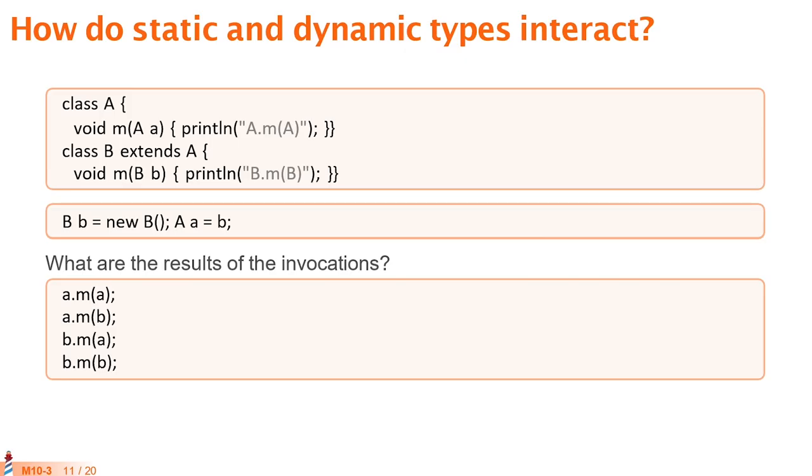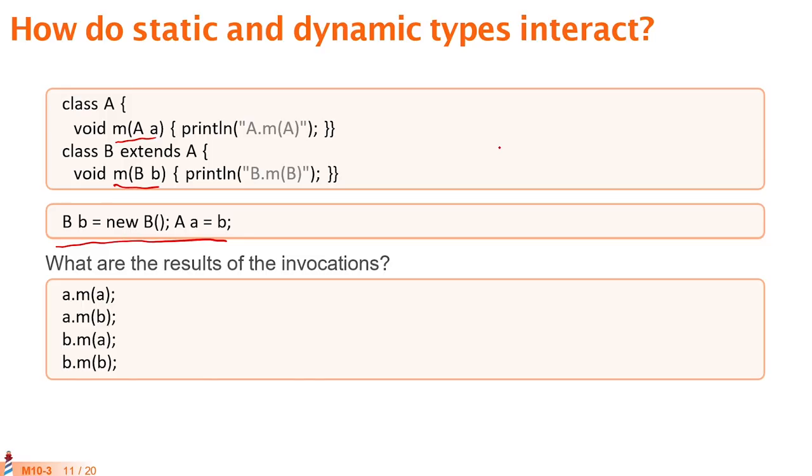Let's see this little piece of code where we have two classes, again class A and B, and we have two methods that are called M in the two cases, but one is receiving as argument an object of class A, and the other is receiving an object of class B. Then we have this little snippet of code that will declare two variables, one of type B and one of type A, and will assign both the same object.